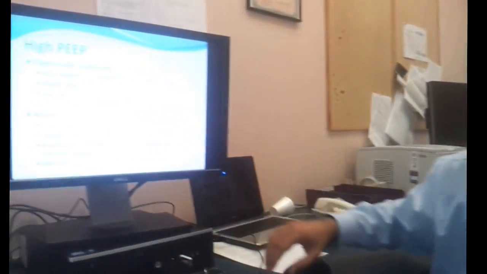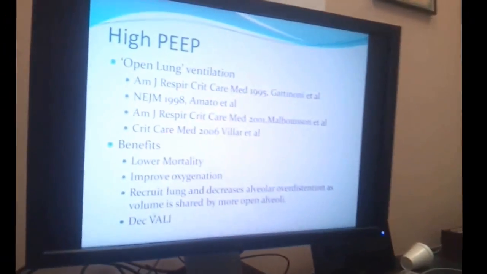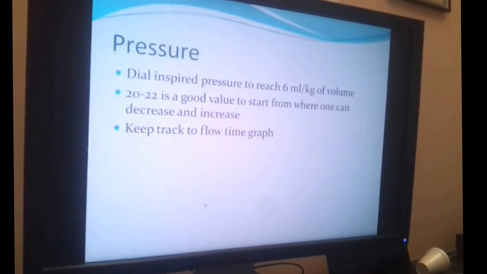So you need to give some amount of PEEP constantly, or increase that amount of PEEP so that gradually they will open. Once they open, the volume will get distributed among the top and the bottom. So alveolar overdistension at the top will decrease. Okay? And in turn, it will decrease ventilator associated lung injury, VALI.